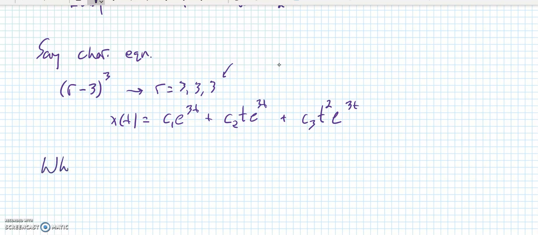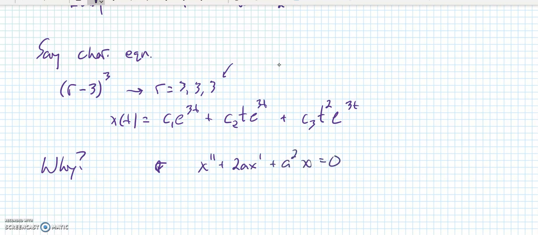So let's talk about why a little bit here. So why is this? I could prove it with a's and b's. I could prove that x double prime plus 2a x prime plus a squared x equals 0.